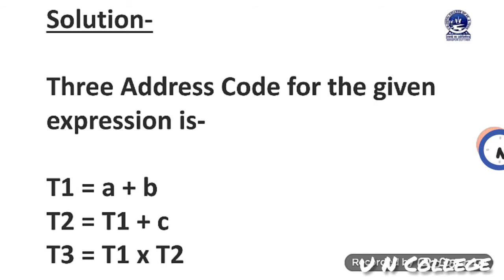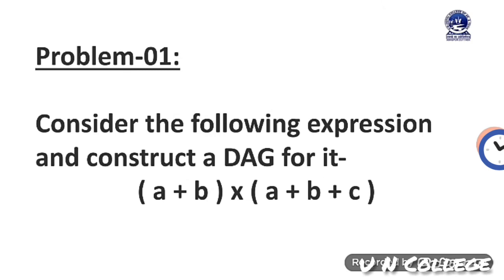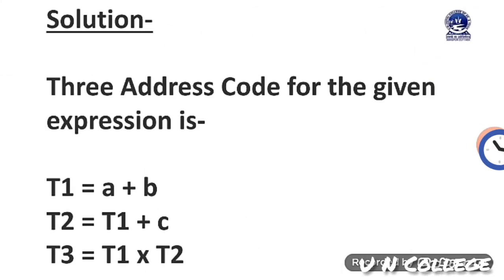Here we have used T1 which is representing a plus b, and we don't need to calculate a plus b again, we are just using T1. In this way we convert the expression into 3 address code.